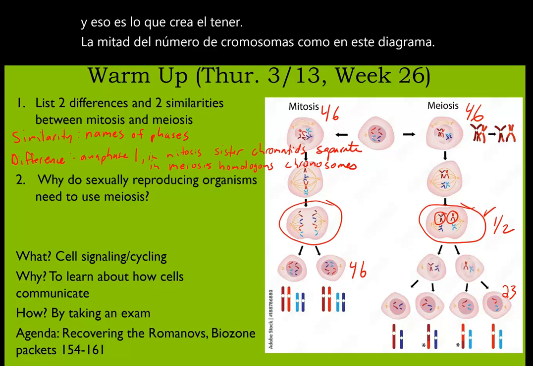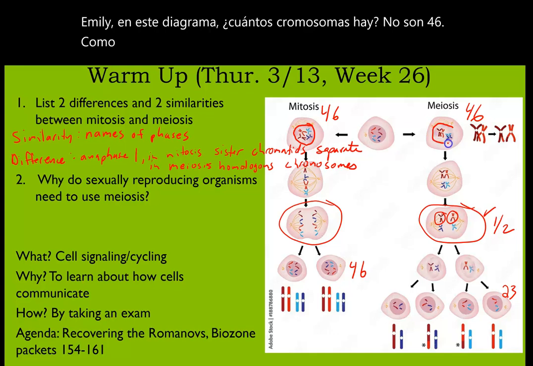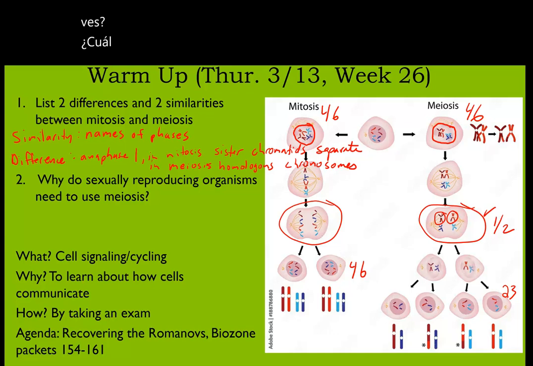Emily, in this diagram, how many chromosomes are there? It's not 46. In this nucleus, how many chromosomes do you see? What's your guess? It's kind of small. So you're saying 6? Okay, any other guesses?